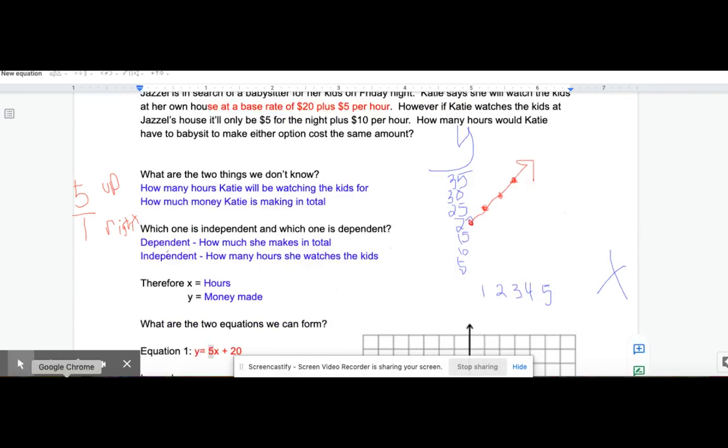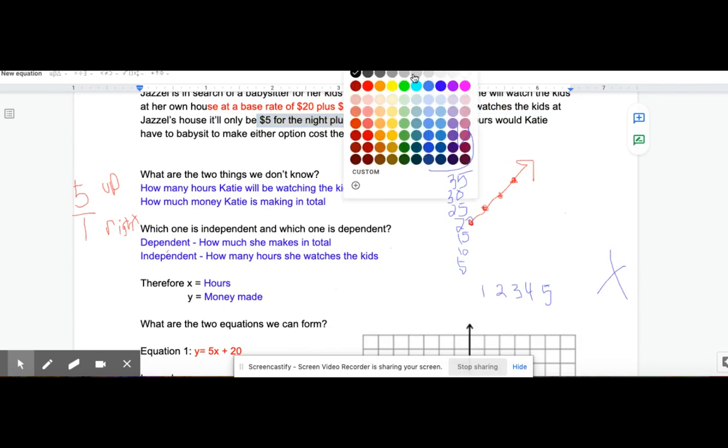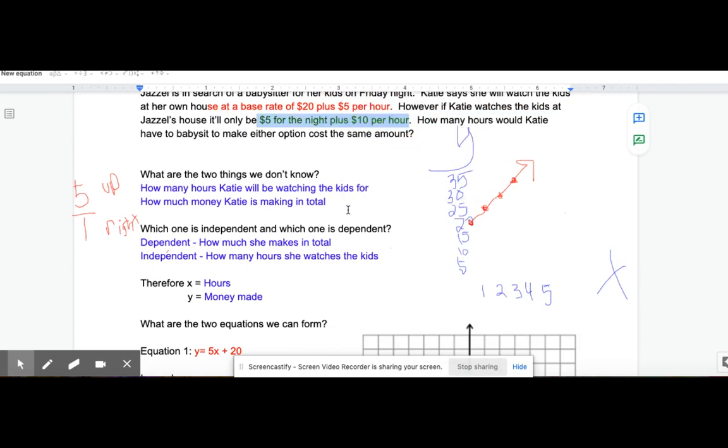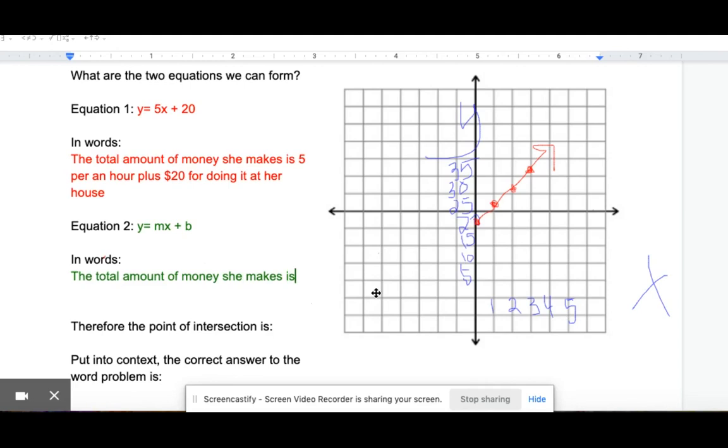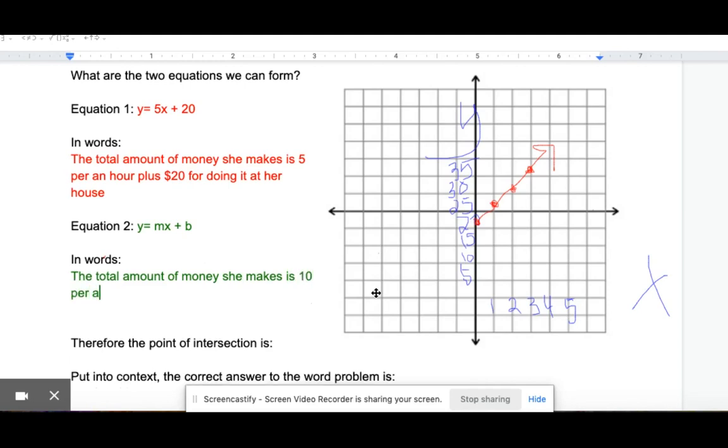Now to find the second situation. It says, however, if Katie watches the kids at Giselle's house, it's going to be $5 in gas for her to drive over and $10 an hour. So let's make this a green situation. For the green situation, the total amount of money she makes is $10 an hour plus the $5 for going to her house.